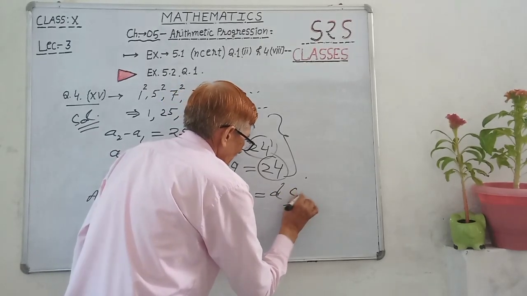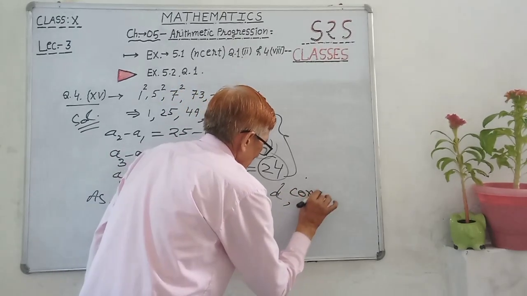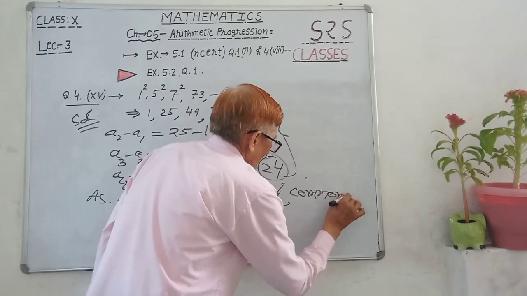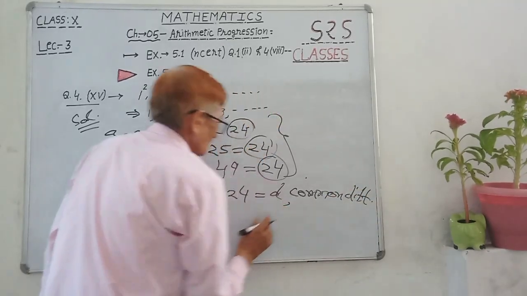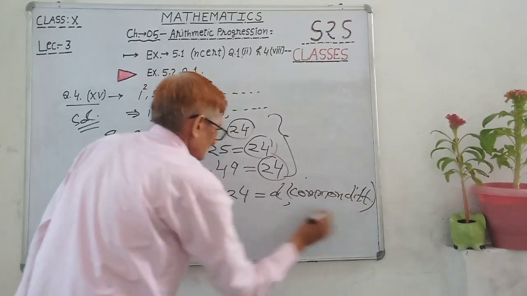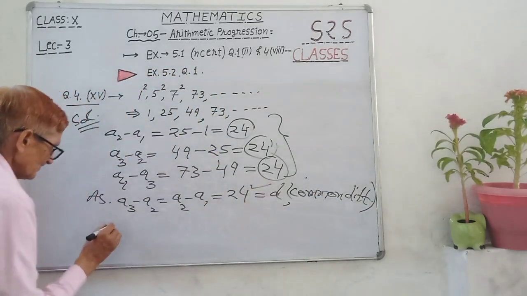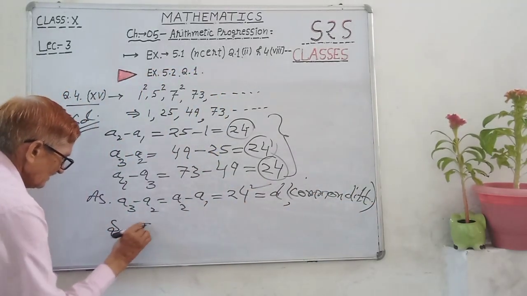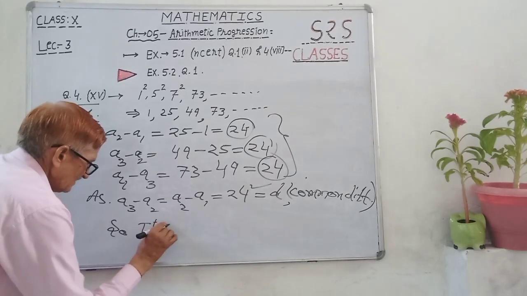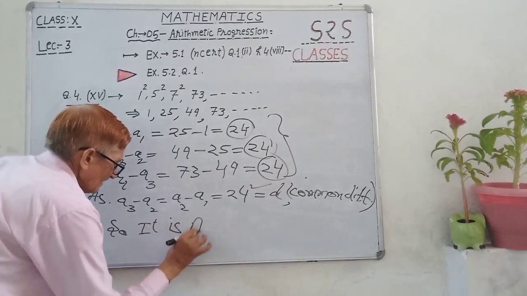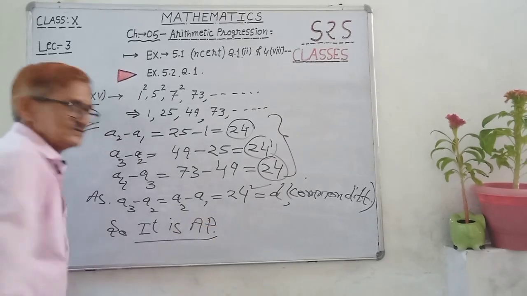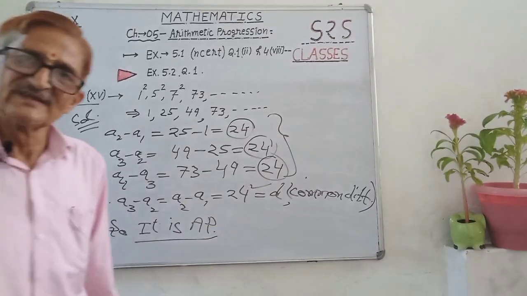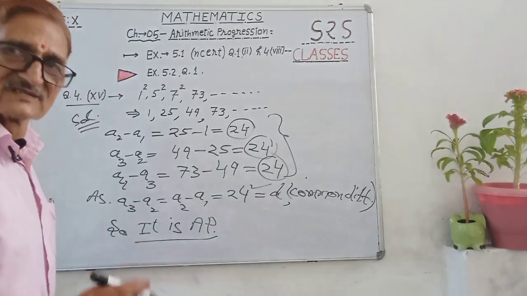So D is common difference. We are saying D, common difference. Okay. This is same. So it is AP. Okay. This is AP, arithmetic progression. Done. Now this exercise over.